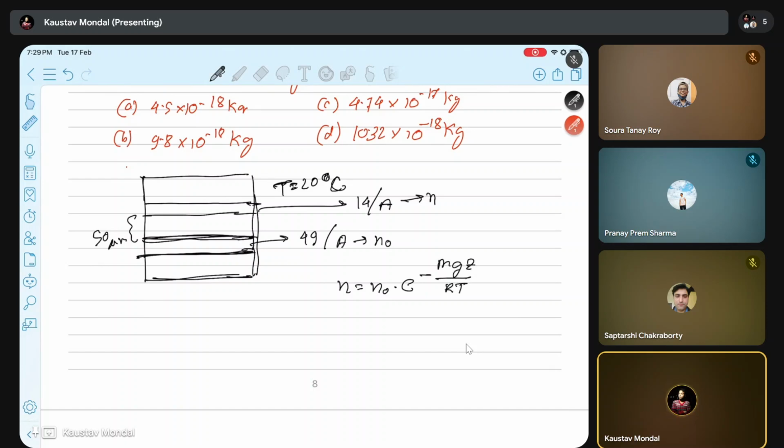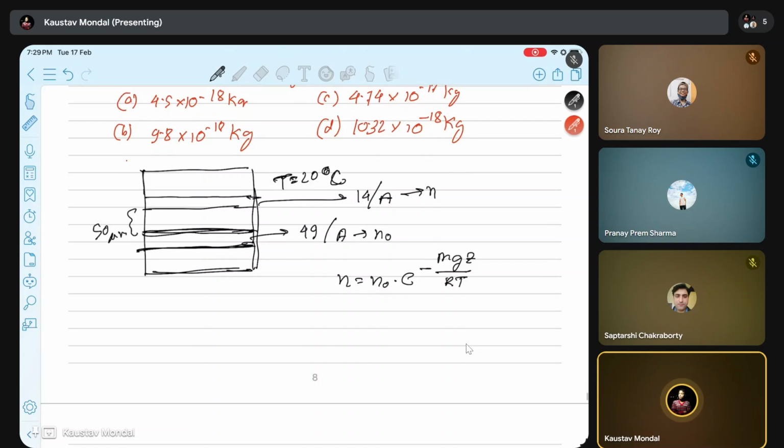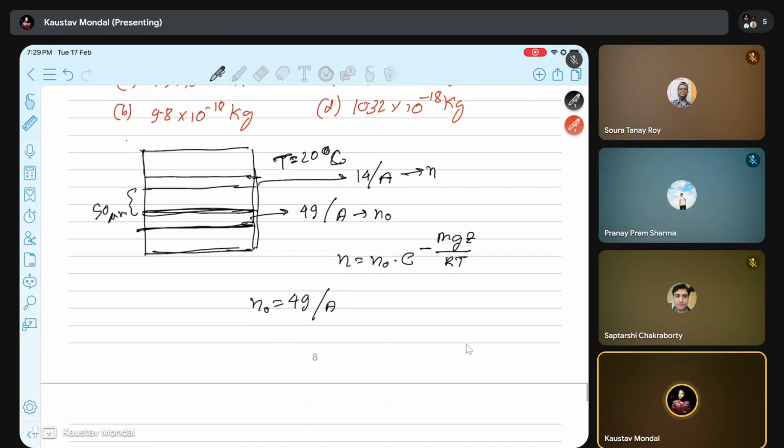For our case, the reference level has n0 as 49 particles per unit area, and at a distance of 50 micron above that level the density is 14 particles per area. So the distance z here is 50 micron.